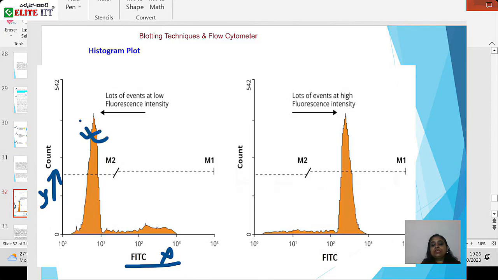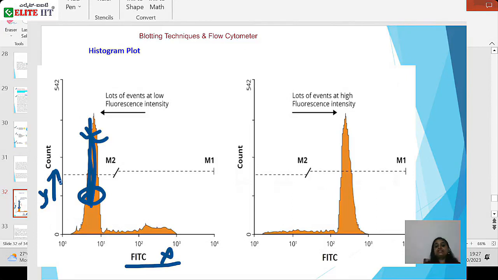In this case, y value is high, but x value is less, right? This peak, first peak, that means FITC is less, but number of cells at FITC condition is high, that means low emission is happening.